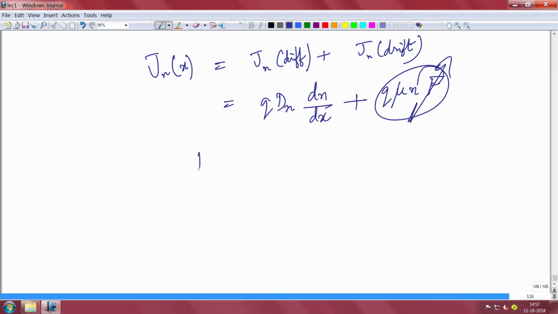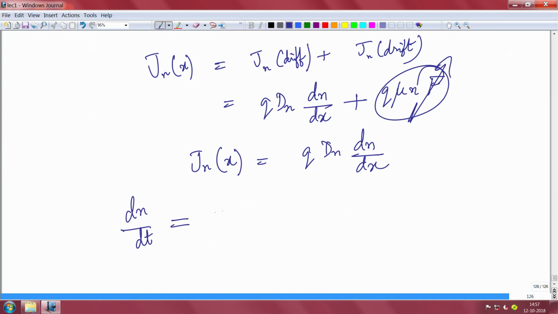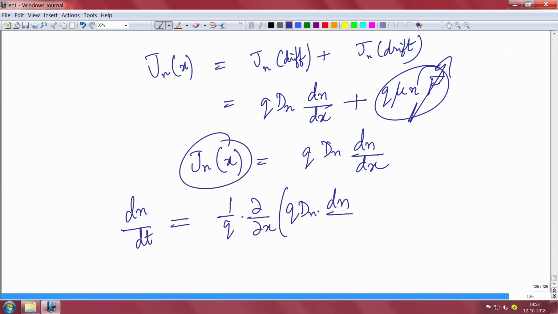Then what remains is Jn of x equal to q Dn dn by dx. You substitute that in the continuity equation: dN by dt is equal to 1 by q derivative of x of this, which is q Dn dn by dx, plus GL minus delta n by tau.